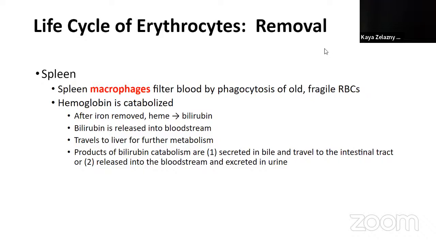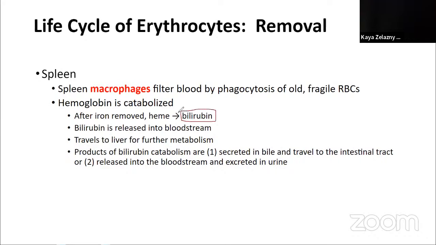And when we throw out the rest of the heme group, it becomes a new molecule called bilirubin. So if we take the heme group and we remove the iron from the center, so now we have the iron separate, we have the heme separate, this heme part becomes the bilirubin.